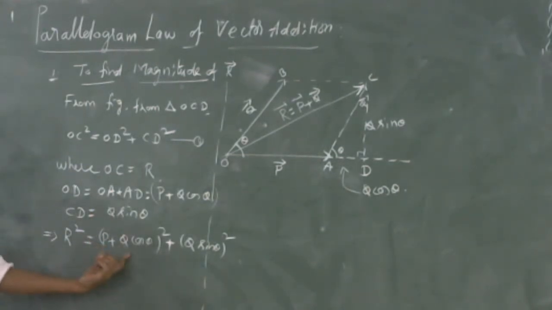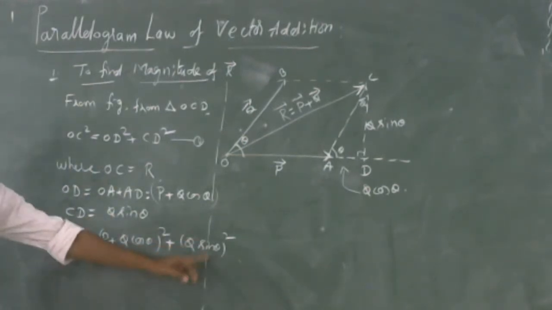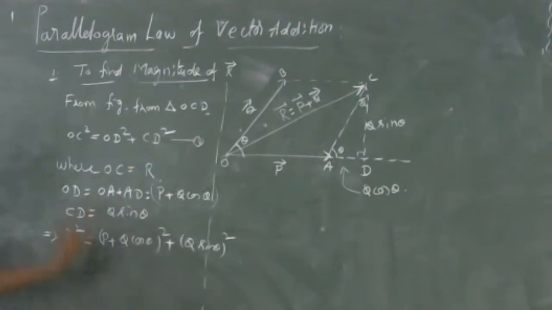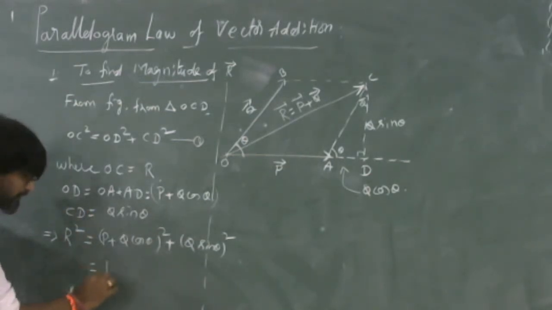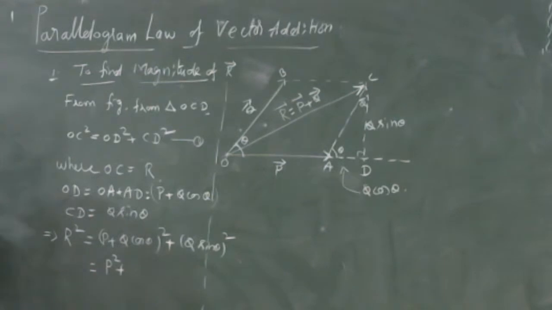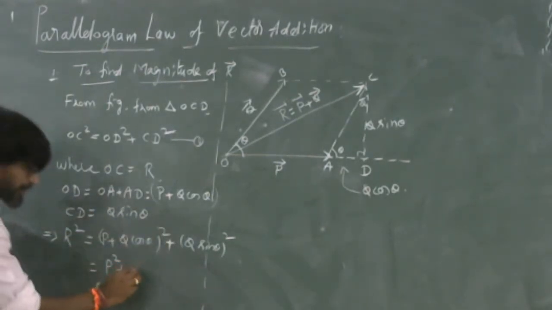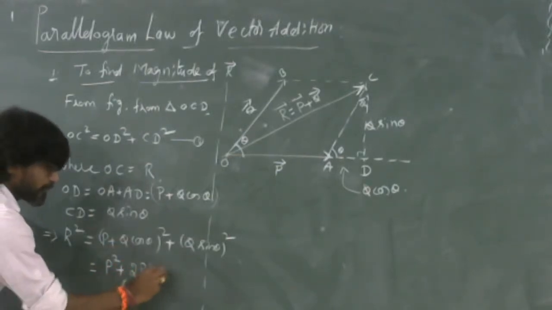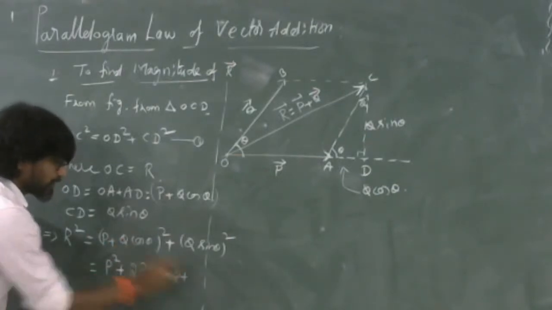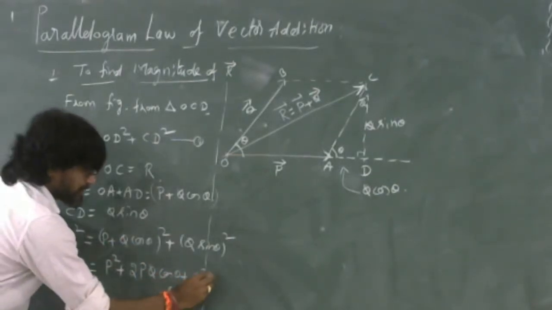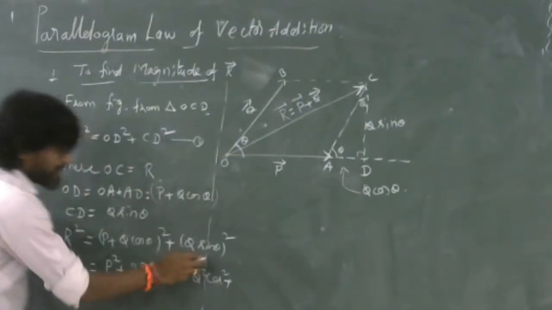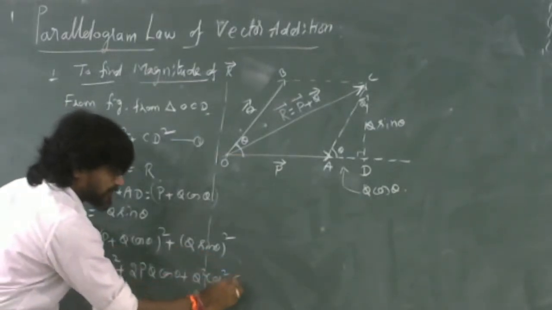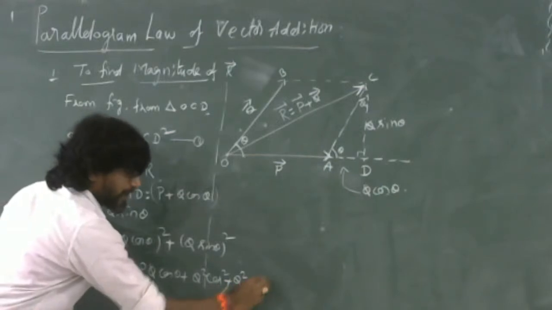Next, this is in the form of (A plus B) whole square. Expand this: A square plus 2AB plus B square. So you can write P square plus 2PQ cos theta plus Q square cos square theta, plus (Q sin theta) whole square, that becomes Q square sin square theta.